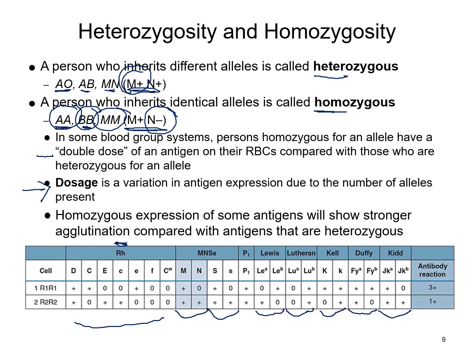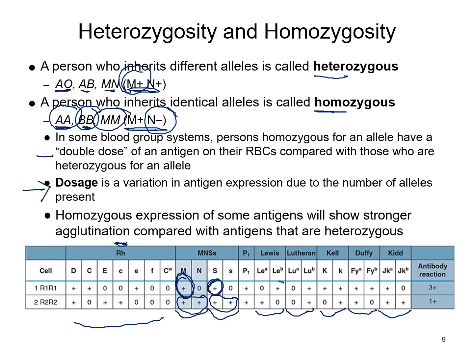But you can see these patterns of inheritance where you have heterozygous patterns, and then here you have the homozygous. Both parents have given two M alleles to this particular patient. Same here with the S. Both parents have given the S expression, not the big S, not the little s.